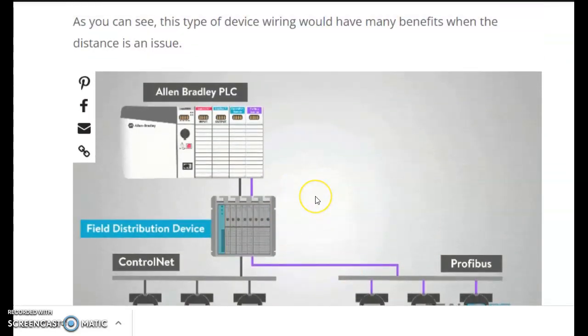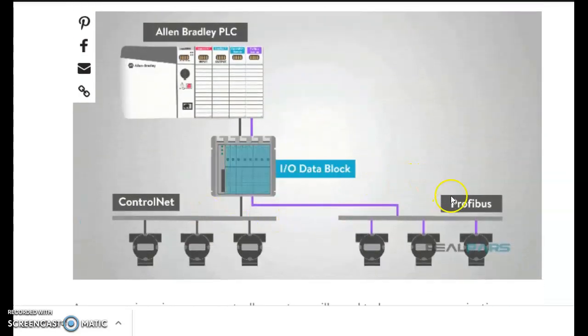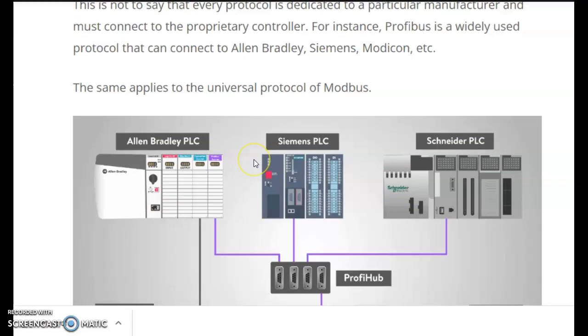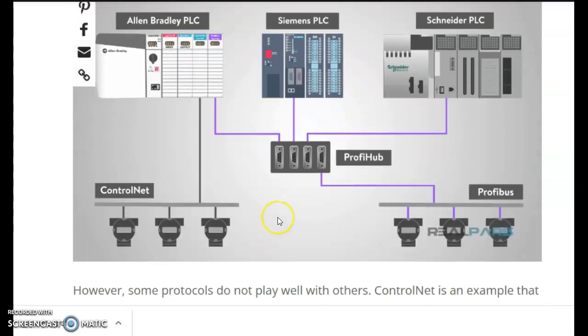Here, ControlNet, Profibus, I/O data distribution, I/O data block, field distribution device, and connected to Allen Bradley PLC. Here, Profibus, Profihub, ControlNet connected directly to Allen Bradley PLC.